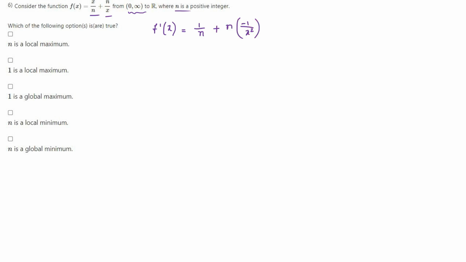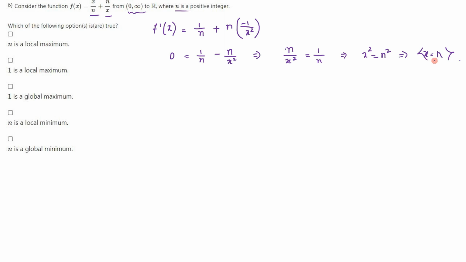Now if we equate this to 0, that is 0 equal to 1 by n minus n by x square. This implies that n by x square is equal to 1 by n, meaning x square is equal to n square, implies that x equal to n.